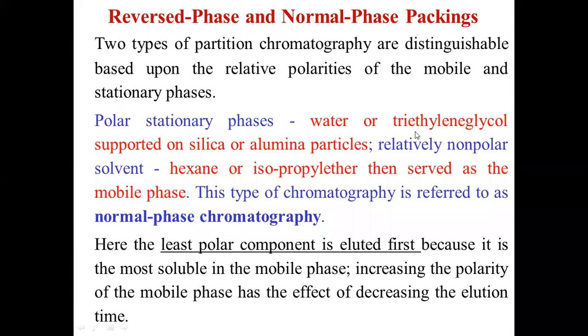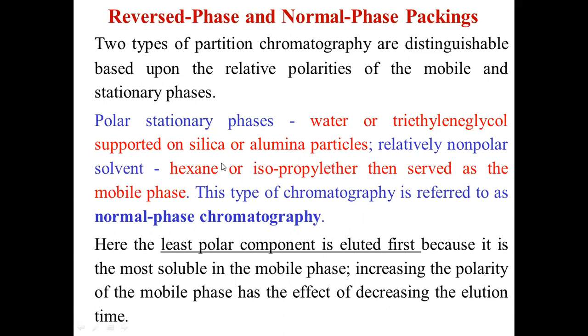For example, water or triethylene glycol supported on silica or alumina particles will make the stationary phase. Apart from silica, because liquid chromatography requires a liquid stationary phase, the liquid present in the interstices of the solid is water or triethylene glycol.